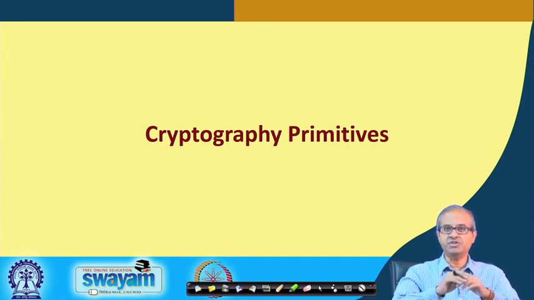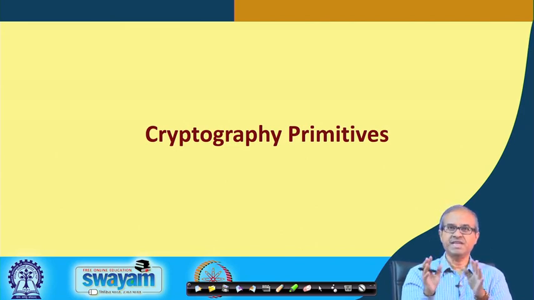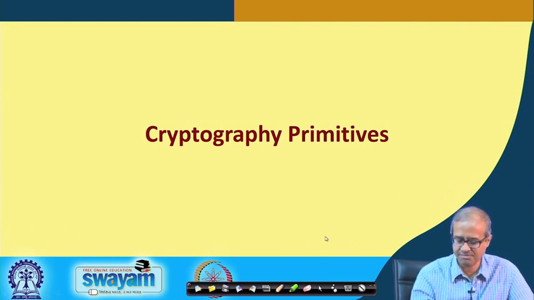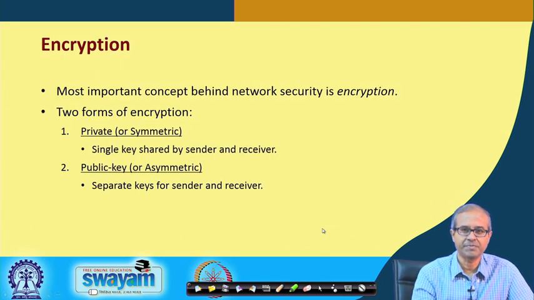Well, the branch of cryptography gives us some basic tools and techniques with which we can build applications which can ensure most of these security services that we want. So, let us look at some of the most basic cryptographic primitives. The most basic form is something called encryption and decryption.